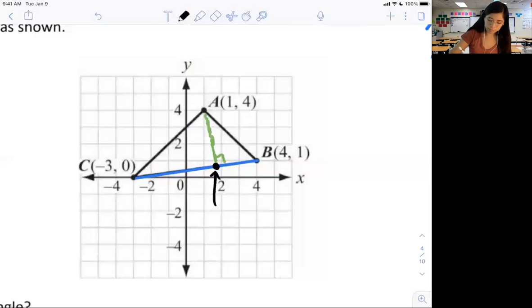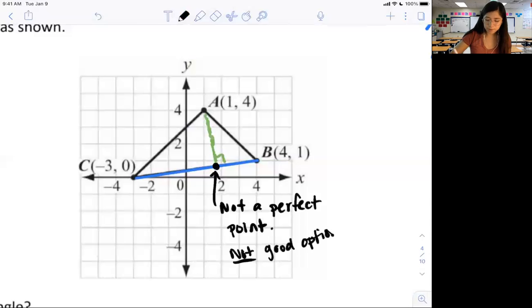No. Is it the midpoint? Well, it's not the midpoint either, because it's not in the middle of CB. So it's not a perfect point, which means this is not going to be a good option. Ideally, you would want that to be a perfect point, that way you can calculate the length. Because remember, to calculate the length, we need a perfect point. Does that make sense?